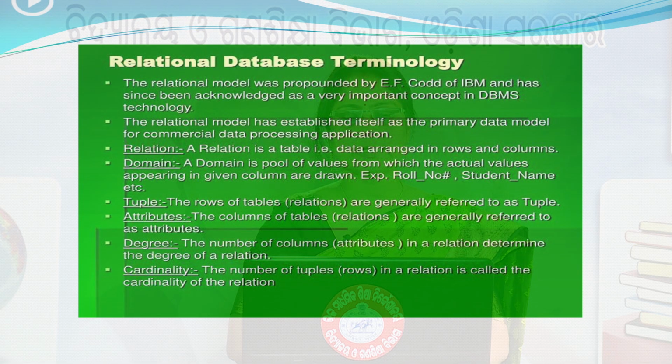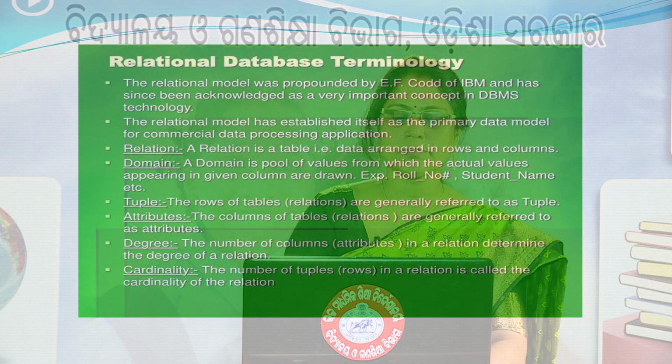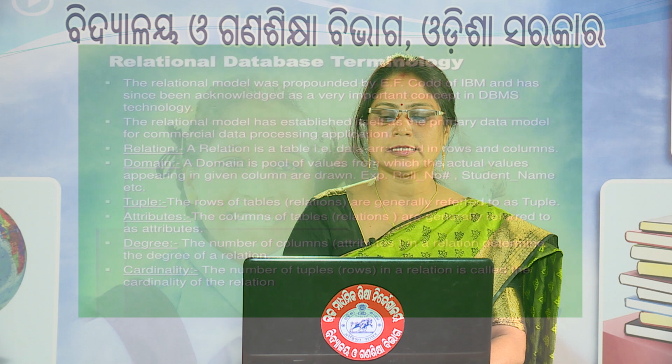The next term is the degree of a relation. The number of columns or attributes in a relation determines the degree of the relation. Cardinality is another term related to database terminology: the number of tuples or rows in a relation is called the cardinality of the relation.